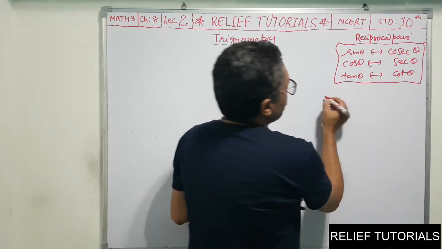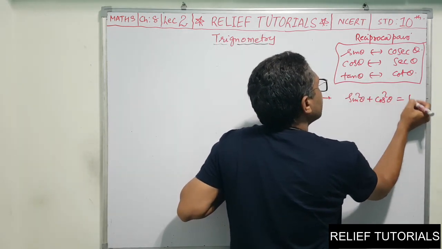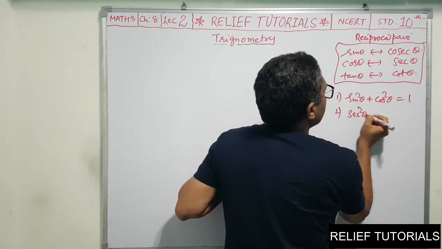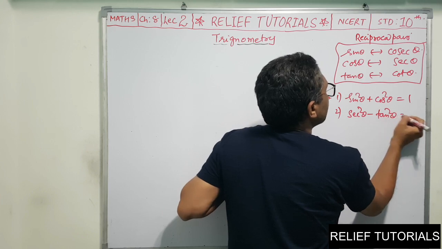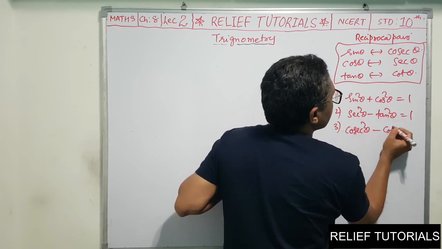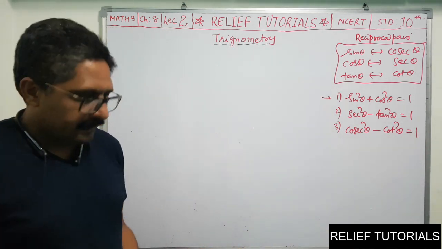And the three square identities you know: sin square theta plus cos square theta is equal to 1, sec square theta minus tan square theta is equal to 1, cosec square theta minus cot square theta is equal to 1. Clear?